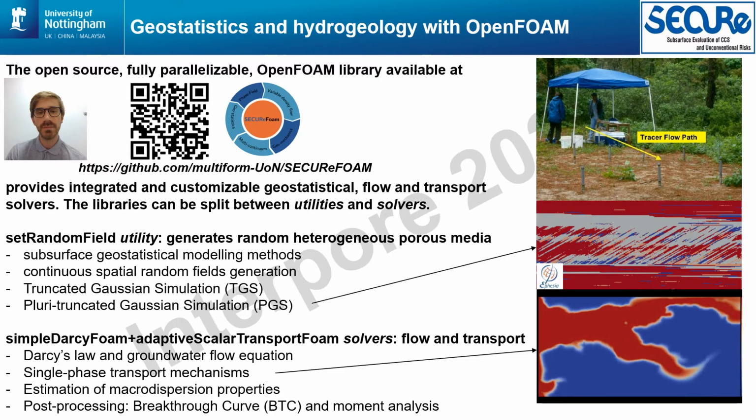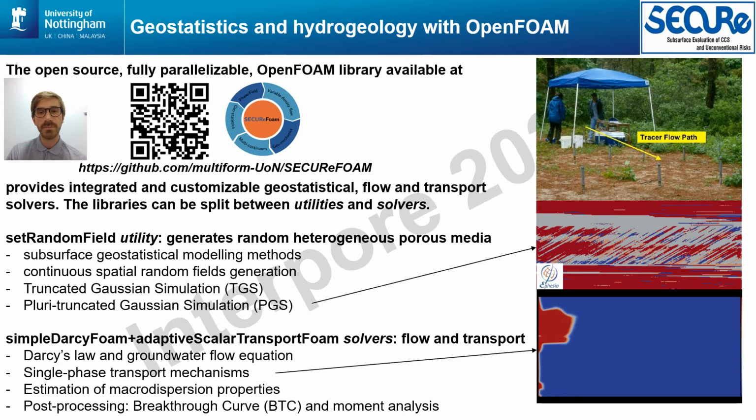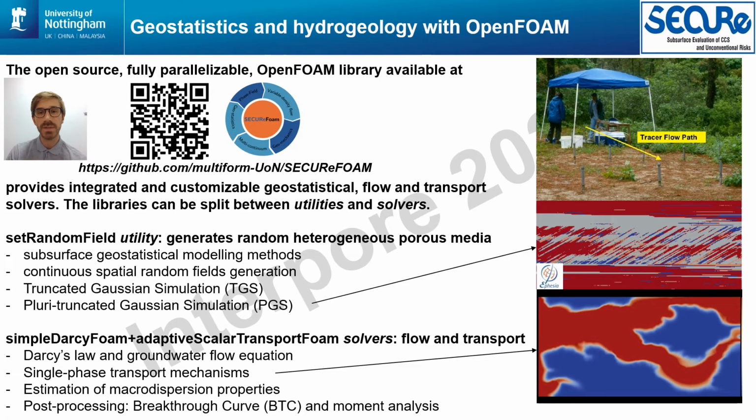The main objective behind the implementation of this toolbox is to integrate geostatistics, flow, and complex transport processes and post-processing, which links to the objective of my PhD, which is to study the limitation of Fickian transport models in capturing anomalous solute behavior, which arises in highly heterogeneous media.